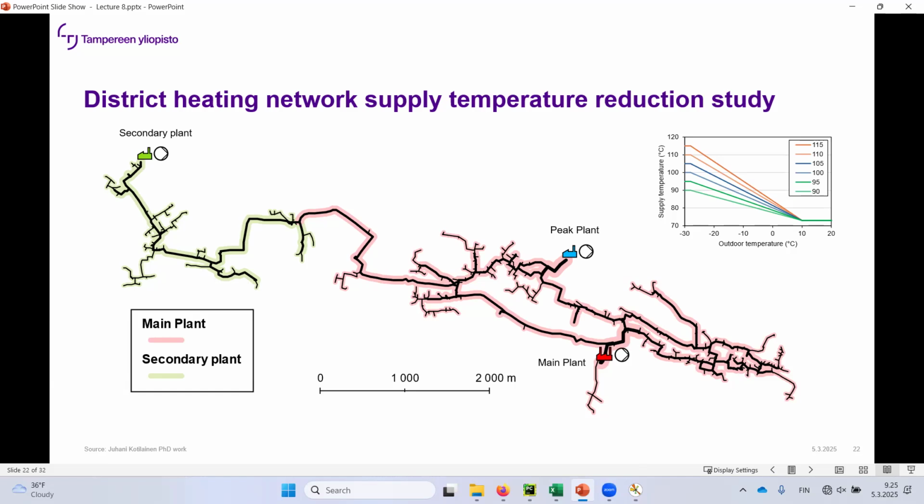So that's the dynamic modeling. You have to take into account not just what's happened, or what's happening now in terms of power or energy. You have to take into account how much flow we have in the pipes, how much thermal inertia we have in the pipes, and that's usually a dedicated modeling program that you have to utilize.